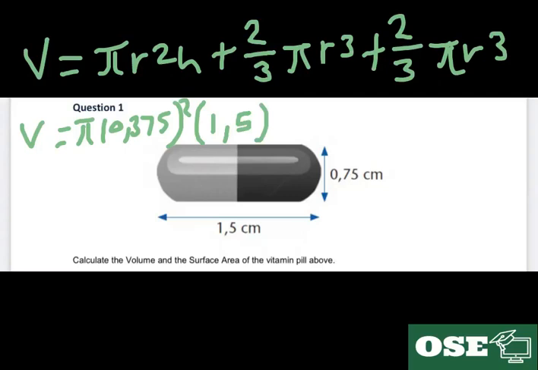Why is it 0.75? Because this one does not have a slanted height. Its height is its height.